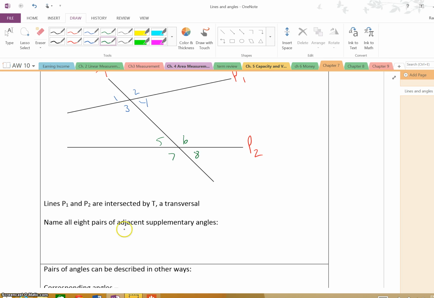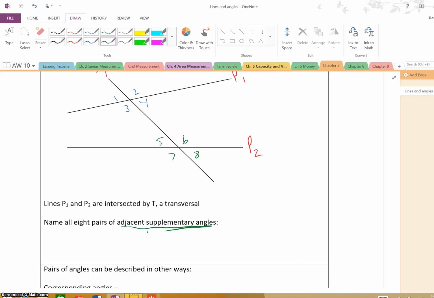One of those relationships is what we call adjacent supplementary angles. When they're adjacent, that means they're side by side, and supplementary angles mean that they equal 180 degrees. So what we want to do is name those 8 pairs that are adjacent supplementary angles.